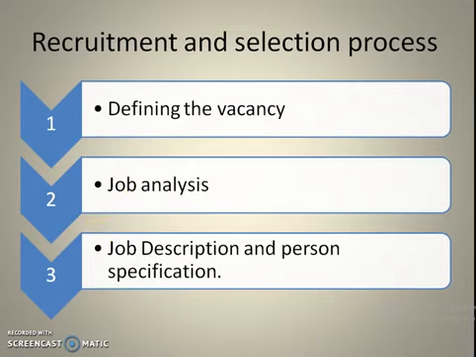The documents are called job description and person specification. Job description is a document which helps you to know what the different types of activities involved in that particular job are. That means what a person has to do. And person specification is a document which clarifies who is the person capable of doing that job, what skills are required, what knowledge is required, and what abilities are required.